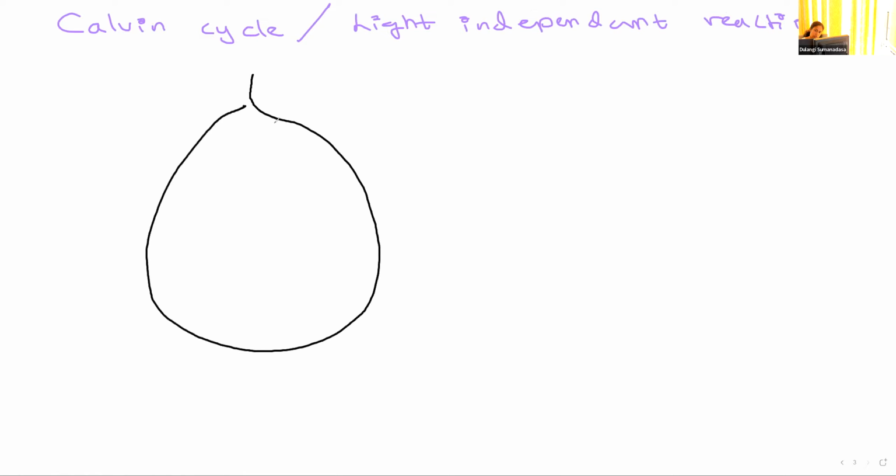Don't draw this, but if I draw the arrowhead going into the cycle, they are the inputs. So if I draw the arrows like this, you follow the arrowhead, right? Whatever goes in comes out as the products towards the arrowhead.